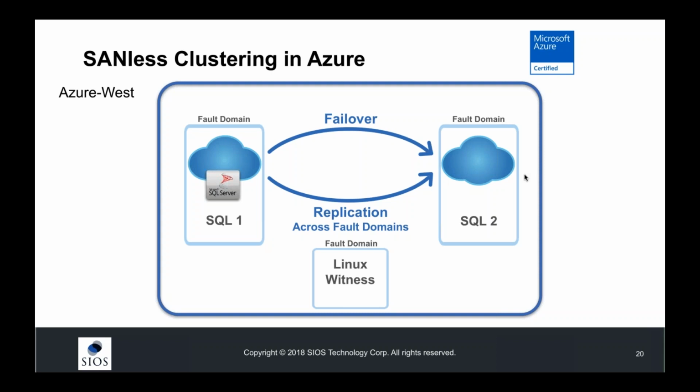And then you'll see this new thing called a Linux witness. On the Linux platform, we don't have the opportunity to use a file share witness like the Microsoft platform has. That is not a supported thing because the SQL layer on Linux for Microsoft's purposes doesn't understand any of those layers of awareness for the cluster solution.